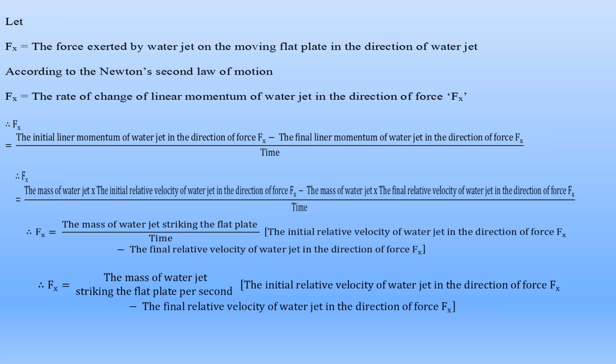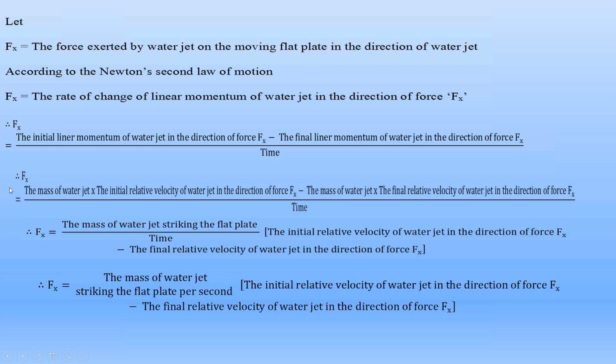So the numerator is the mass of water jet into the initial relative velocity of the water jet in the direction of force Fx, minus the mass of water jet into the final relative velocity of the water jet in the direction of force Fx. That is the numerator, divided by time.